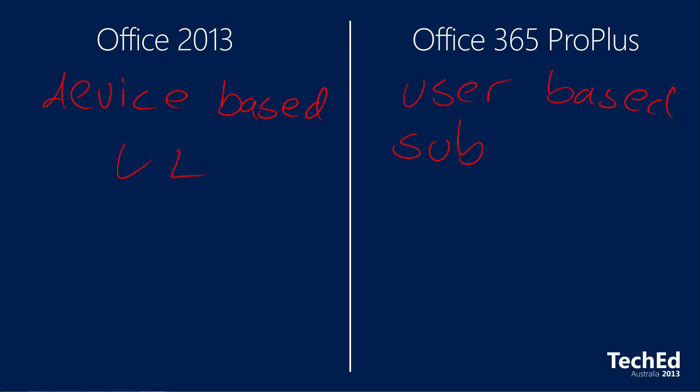So Office 2013 is available only as an MSI or traditional-based deployment, and Office 365 ProPlus is streamed. And as we'll see later on in the session, it's fairly critical to understand that it's streamed, not only available from the Office 365 service, from the content delivery network, but also from a local source that you might have installed on your machine as well.